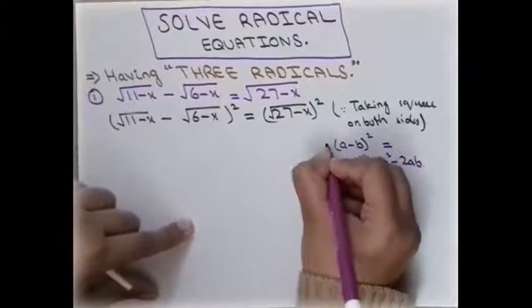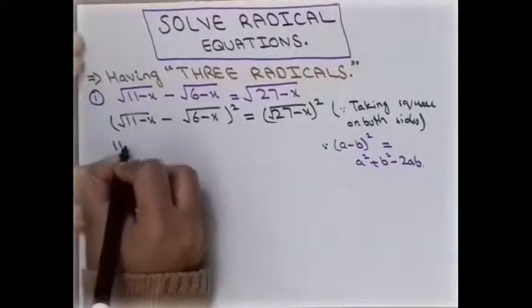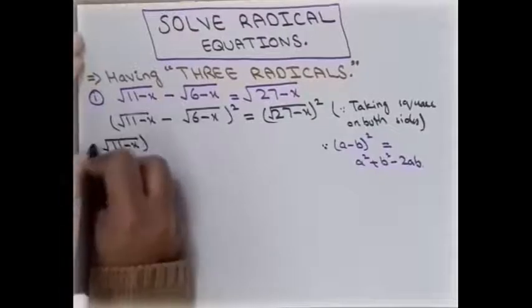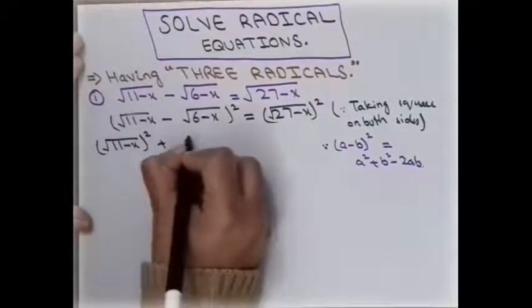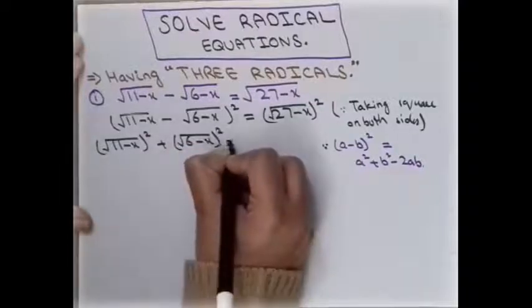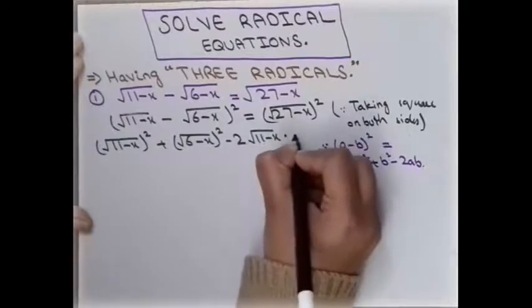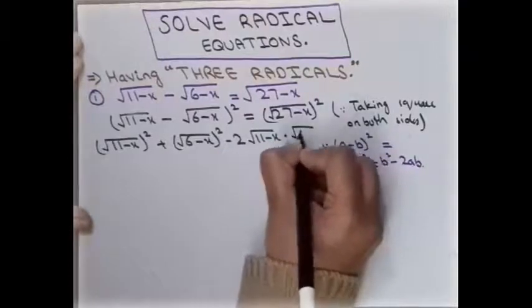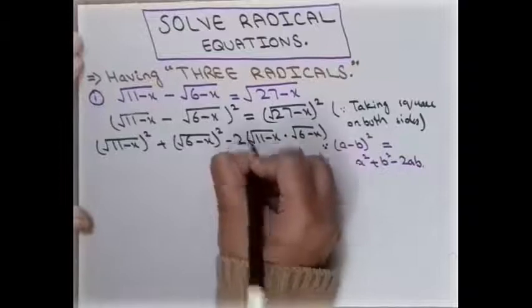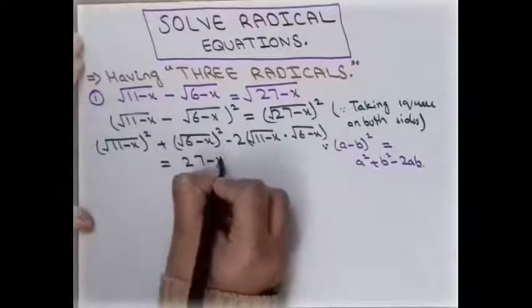So we apply this formula to this term. So we have (√(11−x))² + (√(6−x))² − 2 times √(11−x) times the second term, √(6−x), and on the right we are left with 27 − x.